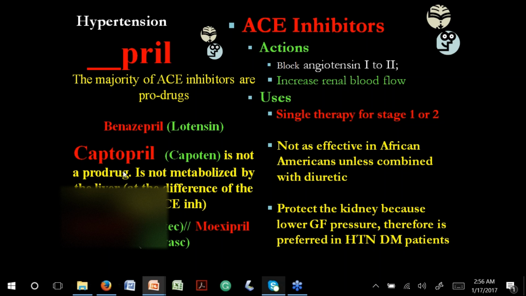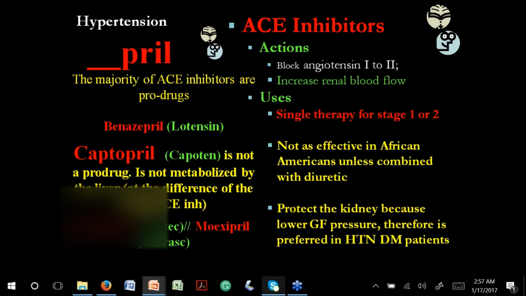Captopril doesn't need that, but mostly the rest of the ACE inhibitors do. So the nursing consideration is that if the patient has liver failure or liver dysfunction, it's okay to give captopril because it is not going to pass through the liver to be metabolized.